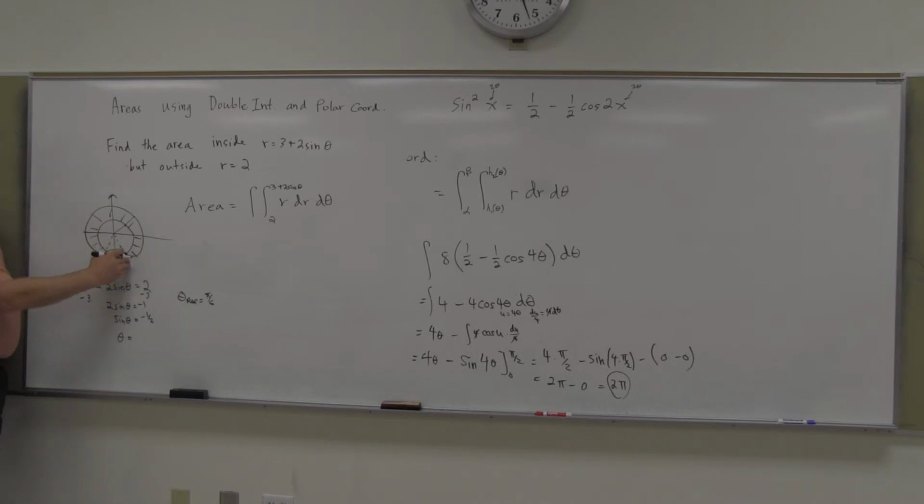What angle would I start at? I'd probably want to start at, because I want to go this way, right? Negative pi over 6. See what I'm saying? Start at that quadrant 4 angle, which would be negative pi over 6, and then go to the quadrant 3 angle, which would be pi plus pi over 6, 7 pi over 6.